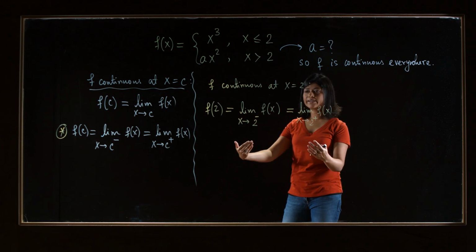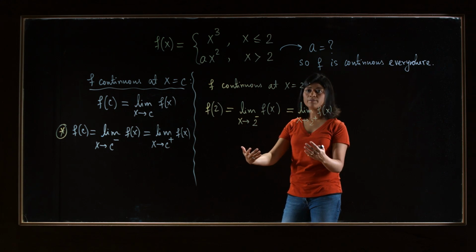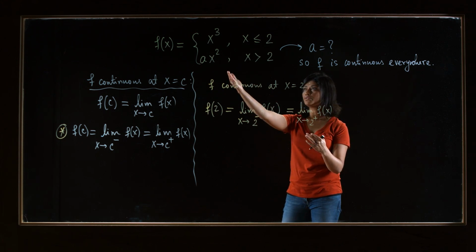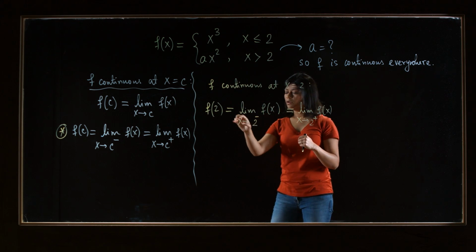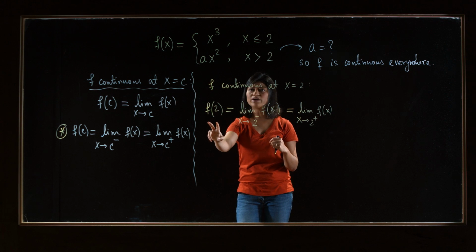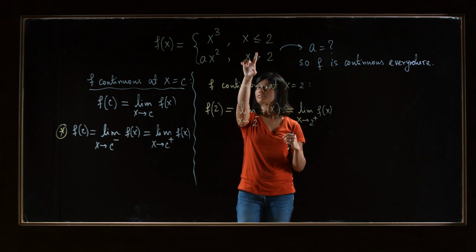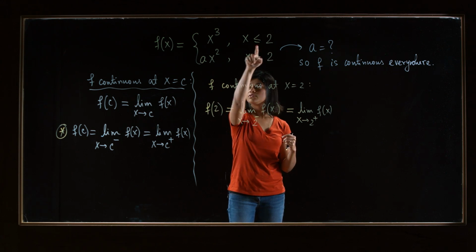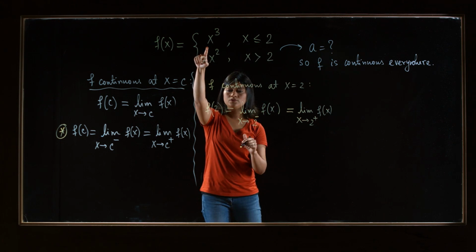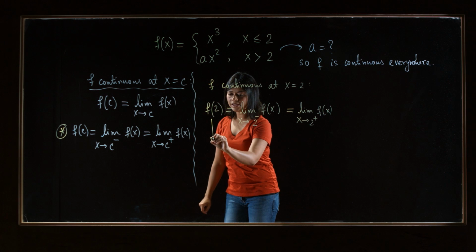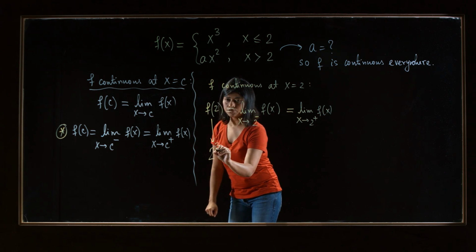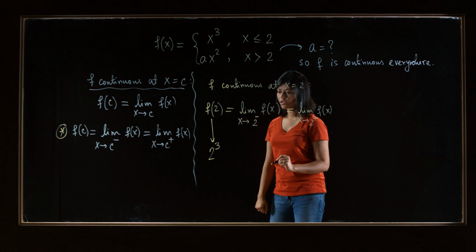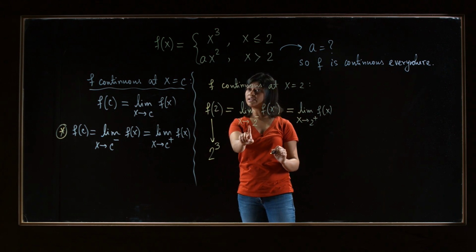So why don't we take two of them, the appropriate ones that will help us figure out the value of a. Okay, so let's see if we can figure out what f of 2 is. Is it defined? Well, it is said here that when x is equal to 2, f of x is x cubed. So definitely this value is 2 cubed, because you're plugging in 2 in x cubed. What about this limit?